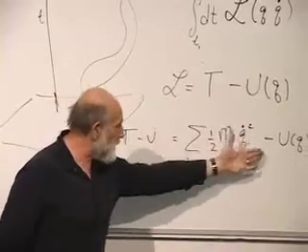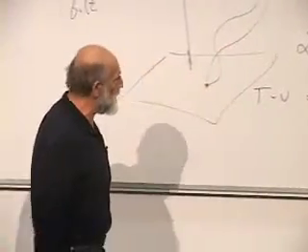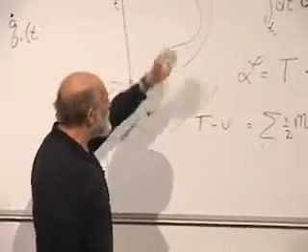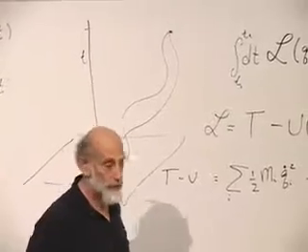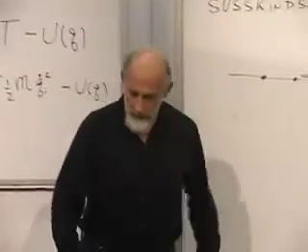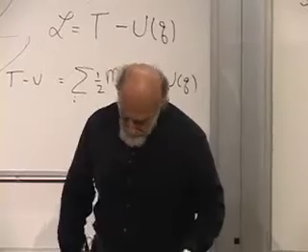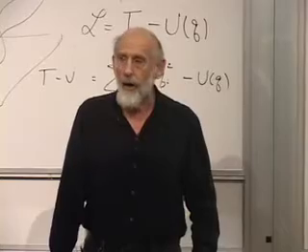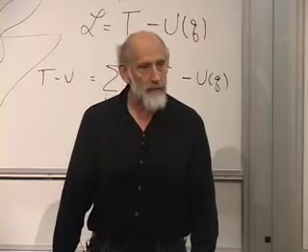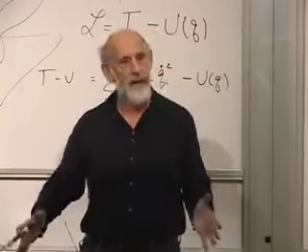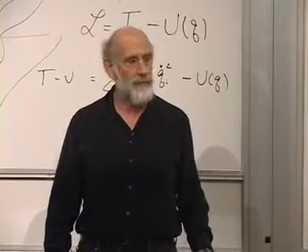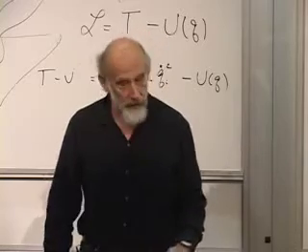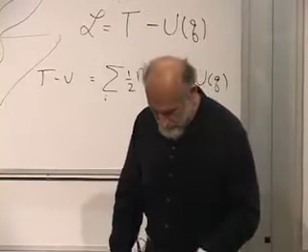Clearly it depends on the trajectory because the Q's and the Q dots depend on the trajectory. And then explore around and look for the trajectory which minimizes the action. That will be the solution to your problem. Okay. That's the principle of least action. Without it, we would have no concept of energy, momentum, and so forth. And I refer you back to the previous to the previous lecture series on classical mechanics for the details.